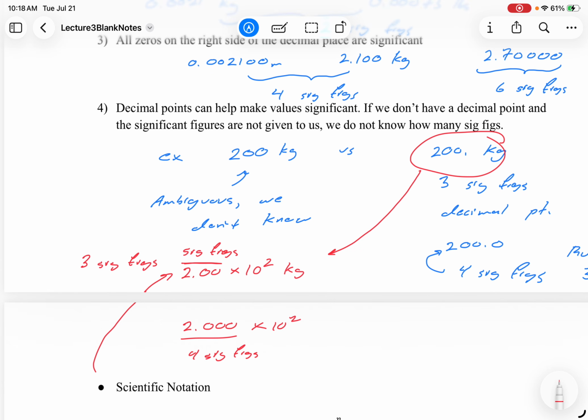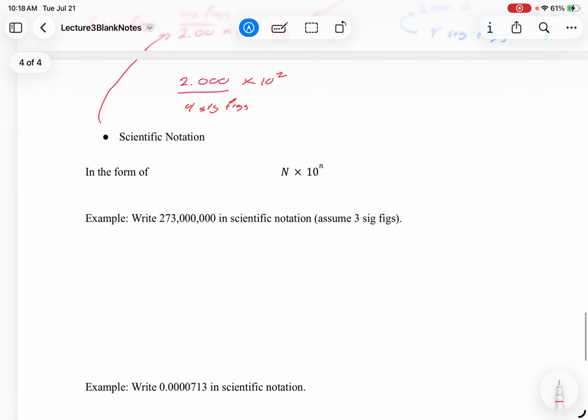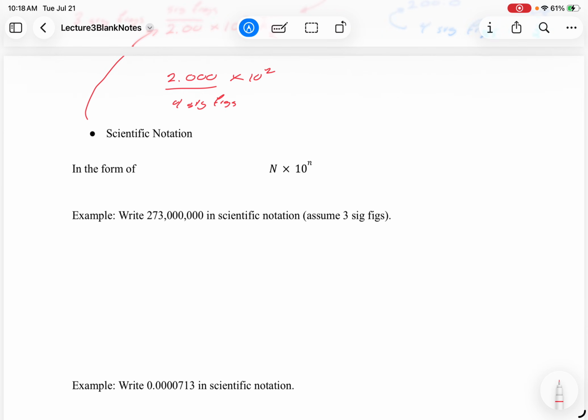So, scientific notation. It is in the form of uppercase N times 10 to the lowercase n.